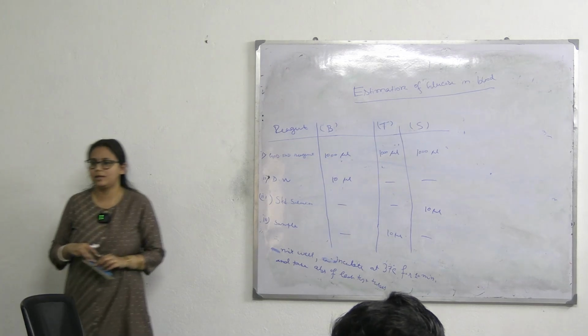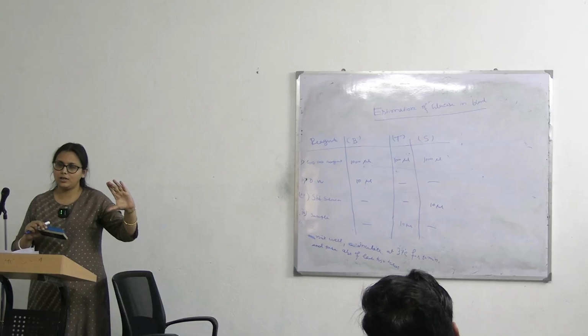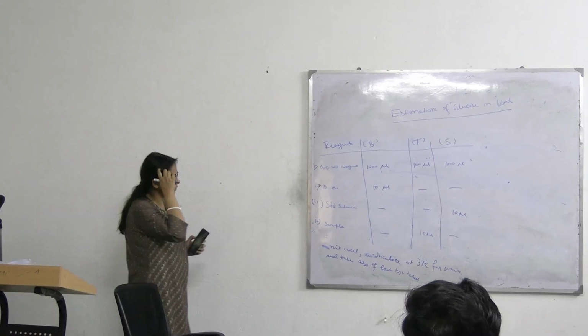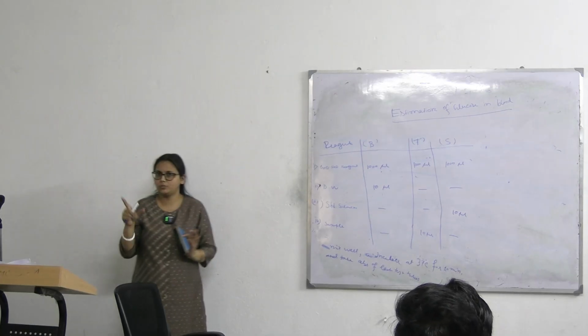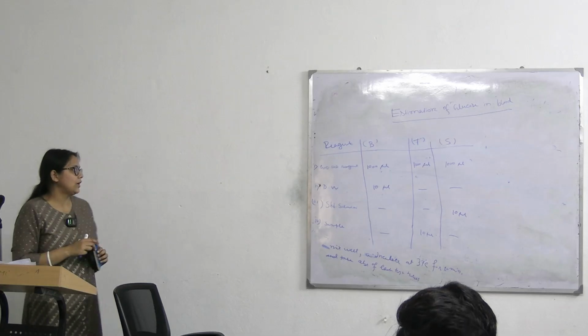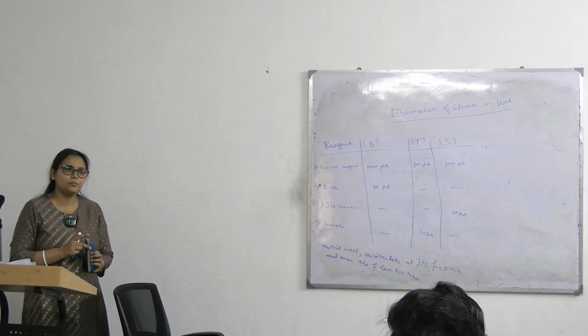আচ্ছা, provide করা থাকবে না, there will be sample, blood sample and there will be reagent. So you come one by one and you have to take the reagent first in each 3 test tubes, that is 100 microliter, 100 microliter, 100 microliter. Then you have to add distilled water only in which test tube? Blank, only in blank.